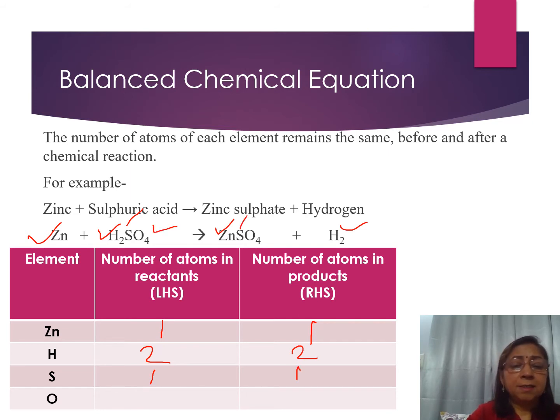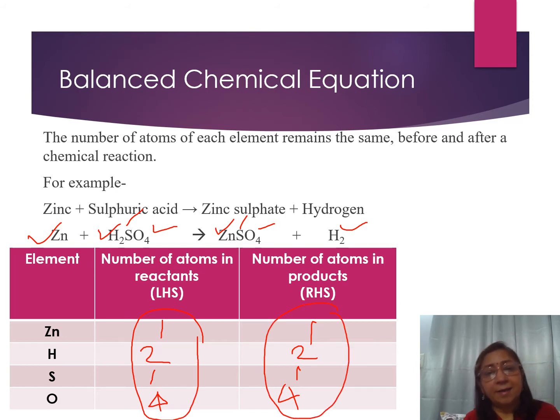Then oxygen on left hand side 4 and on right hand side 4. This shows that the number of atoms of each element is the same on the left hand side as well as on the right hand side. So this chemical equation is balanced.